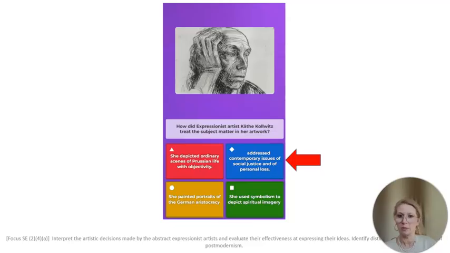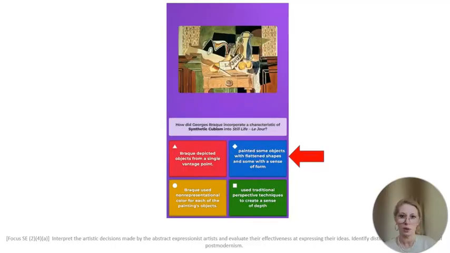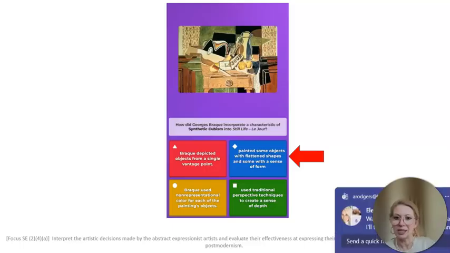Hopefully you're playing along. How did Expressionist artist Kathe Kollwitz treat the subject matter in her artwork? She addressed the contemporary issues of social justice and of personal loss. How did Georges Braque incorporate a characteristic of synthetic cubism into a still life?